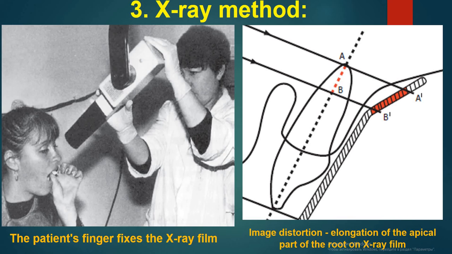In this picture we see the X-ray method. The patient fixes the X-ray film with fingers, and in the right picture we see the X-ray film image distortion, elongation of the apical part of the root on the X-ray film.